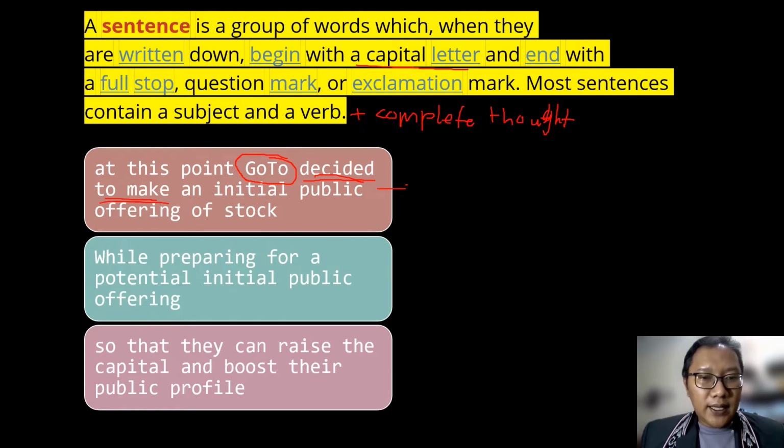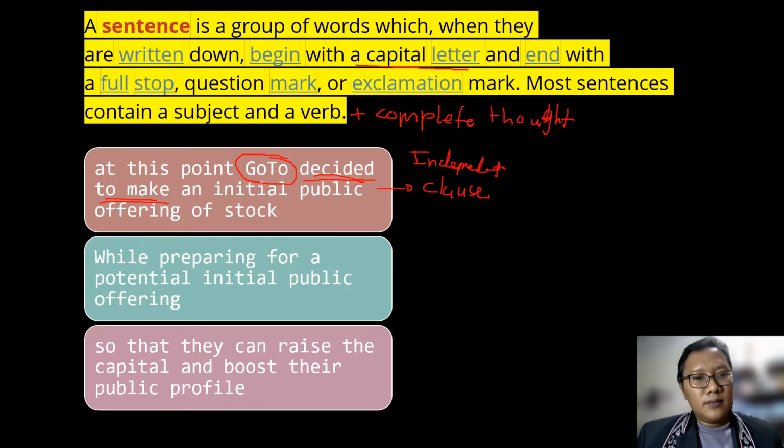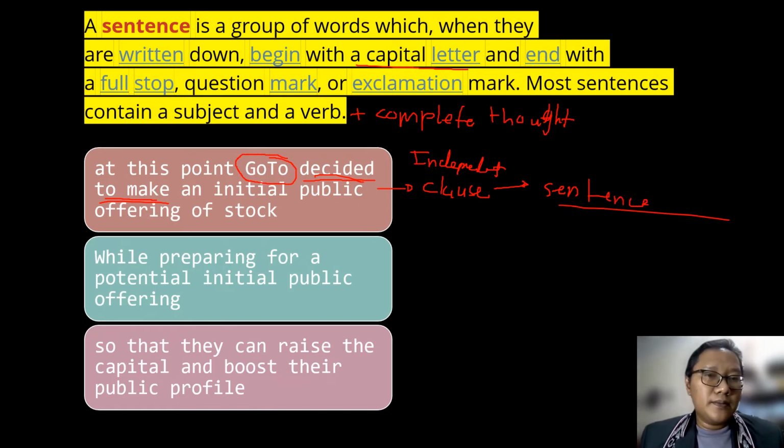So basically, this is a clause. And because it doesn't have any subordinate conjunction, it is an independent clause. And it can be a sentence on its own. We call it simple sentence.